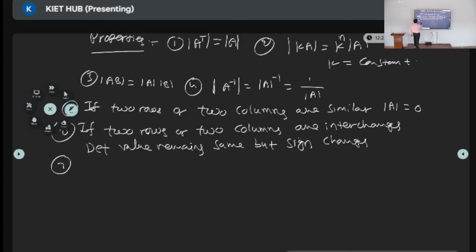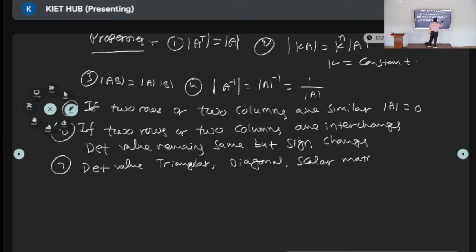Determinant value of a triangular, diagonal, scalar matrix. What is the determinant value of the triangular matrix? What is the determinant value of the diagonal matrix? The product of principal diagonal elements.